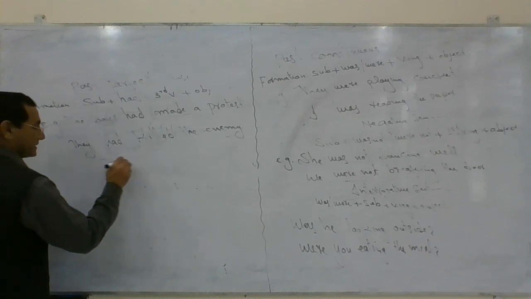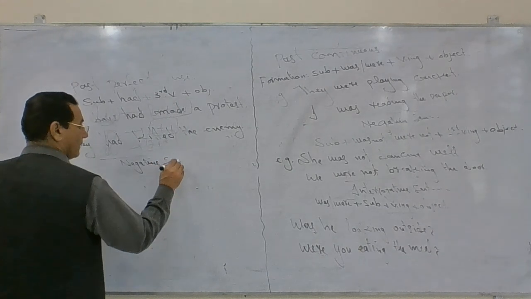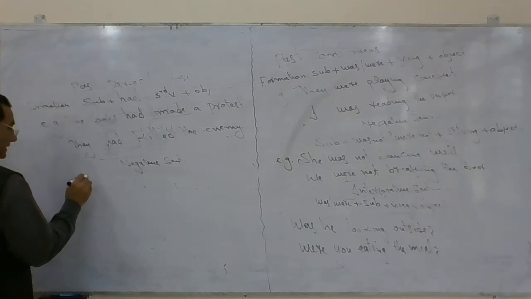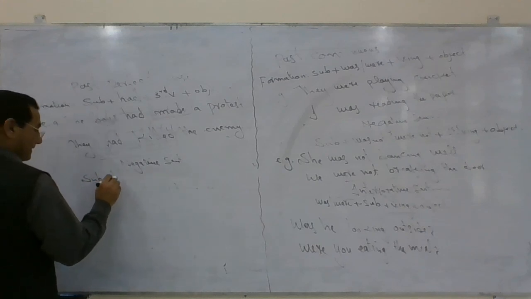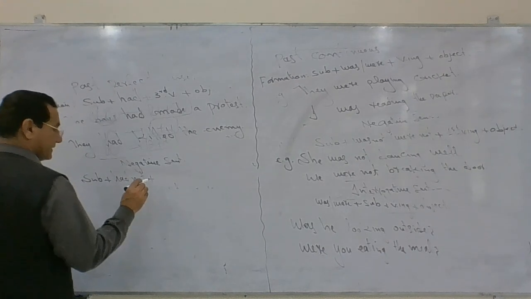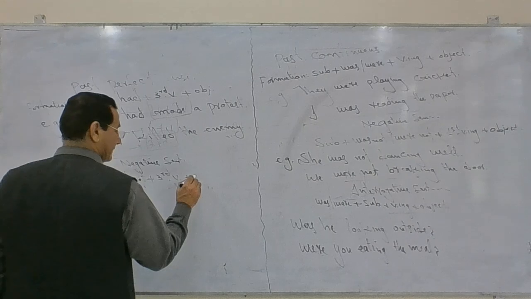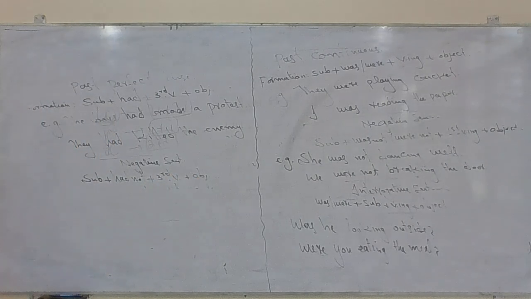For negative sentences, after the helping verb, you have to use not. Formation will be like that: subject plus had not, and then third form of the verb, and then object. The same thing is there, only the addition of not.